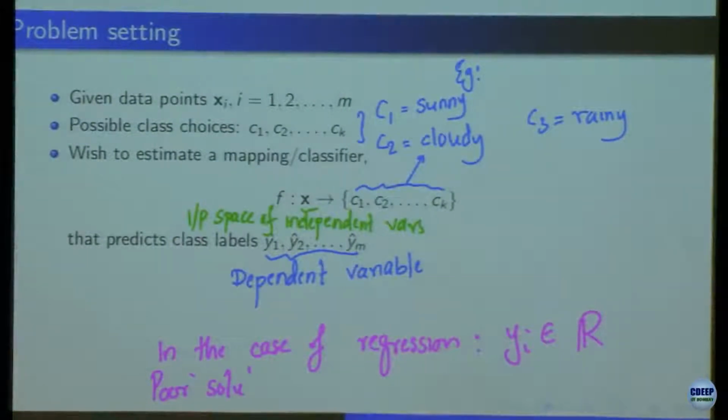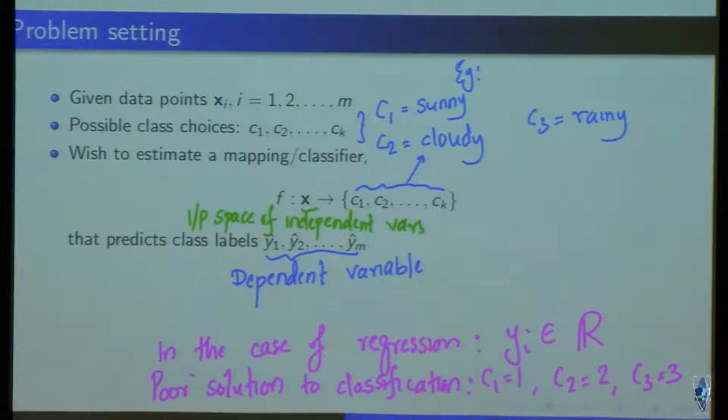So a poor man's solution to classification using regression would be: C1 equals 1, C2 equals 2, C3 equals 3. These are the actual values I am trying to predict. Whenever class 1 occurs, it is 1, class 2, 2, class 3, 3. Does it sound appealing?